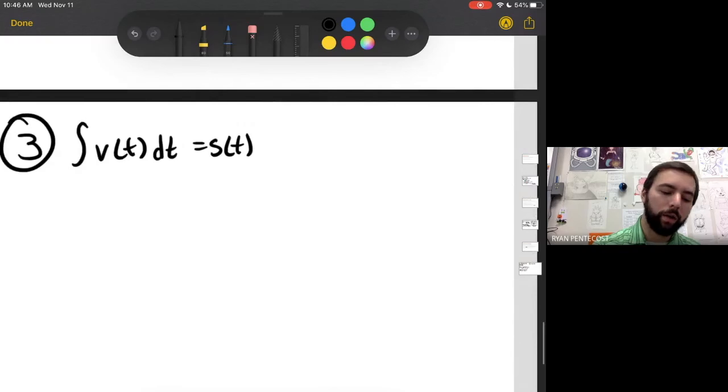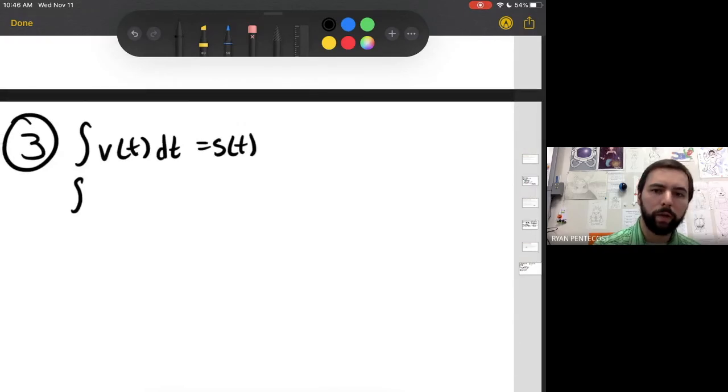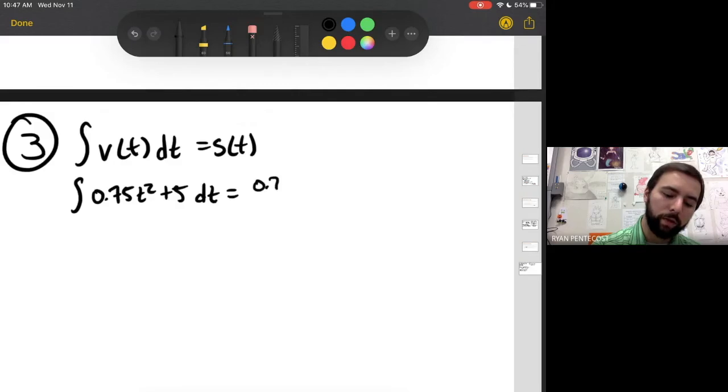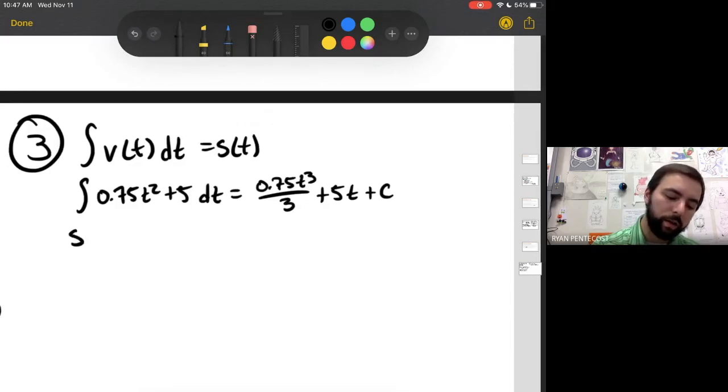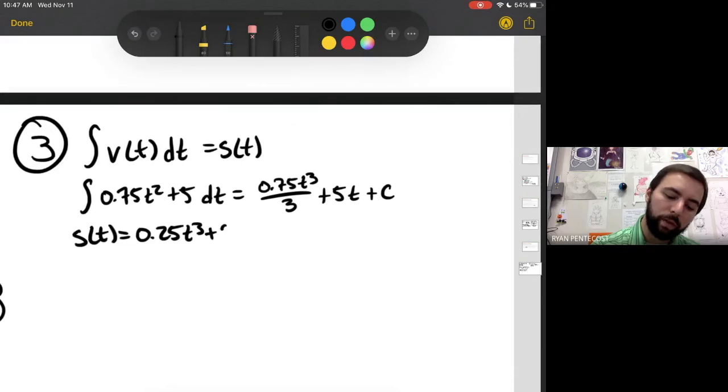So we are integrating, let's remind ourselves, 0.75 t squared plus 5 dt. So to integrate that, we take 0.75 t cubed over 3 plus 5t plus c. And then we can simplify that to give s of t, that's 0.25 t cubed plus 5t.